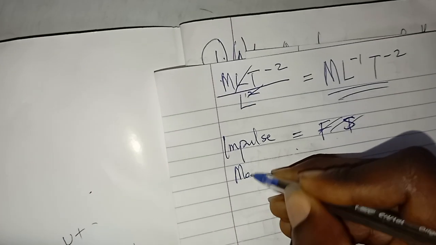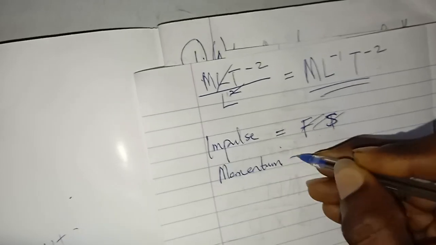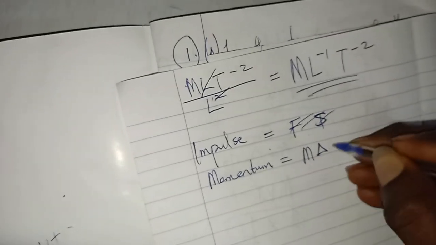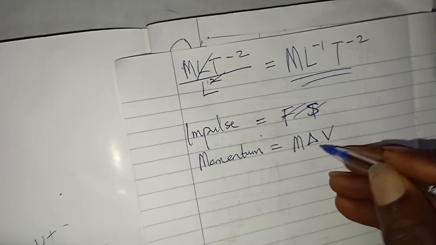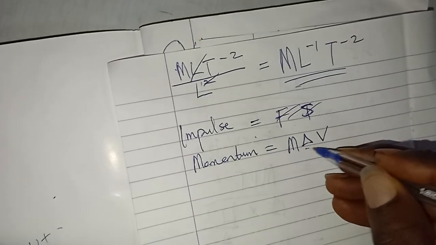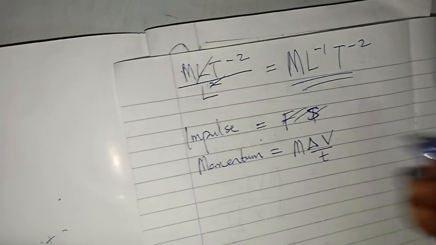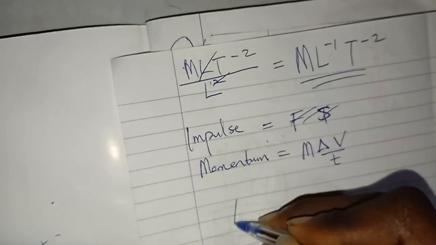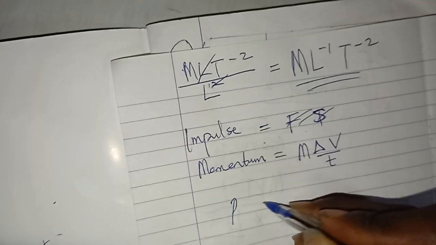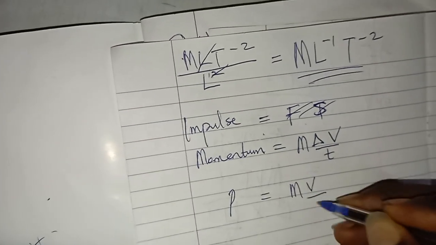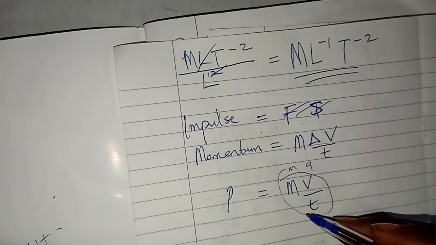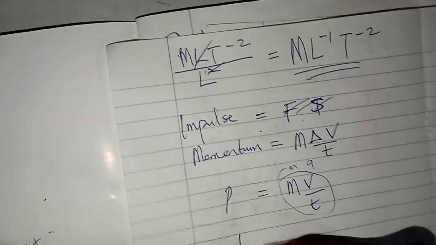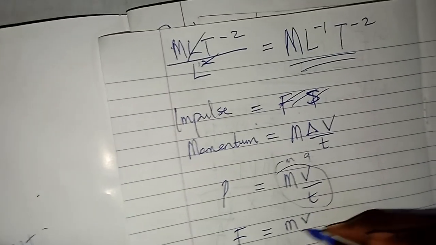I know that momentum is equal to mass and change in velocity, and change in velocity is the same thing as change in velocity over t. So I now have that force is equal to mv over t.